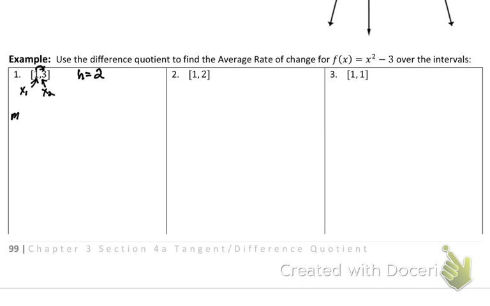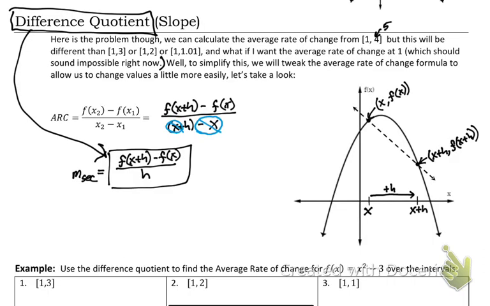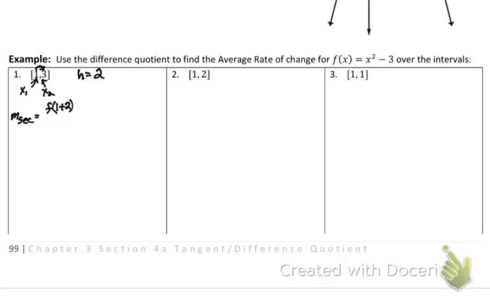So this says my slope of my secant line equals my f of, well, it says we're supposed to do our x plus our h value, as it says here, x plus our h value, that's our second x value, that should be 3. Do you notice it is 3? Then we'll have minus our first x value, which is 1.